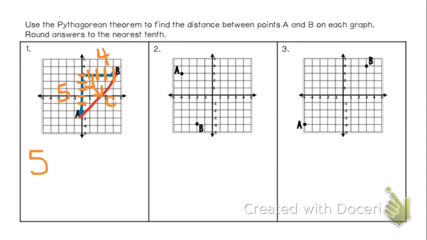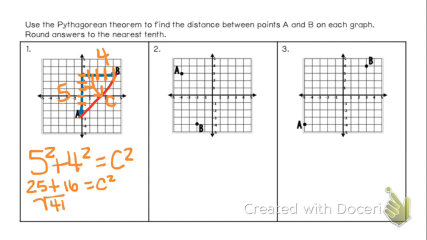I have 5 squared plus 4 squared equals C squared. I'm going to square 5 and get 25. I'm going to square 4 and get 16. And I'm going to add them together, and I'm going to get 41. I'm going to take the square root of 41, and that's going to give me C equals 6.4.